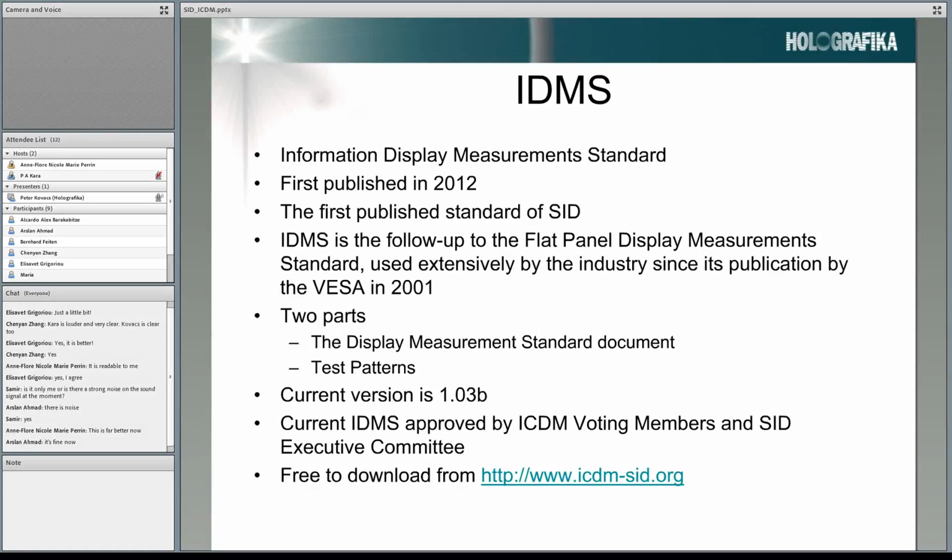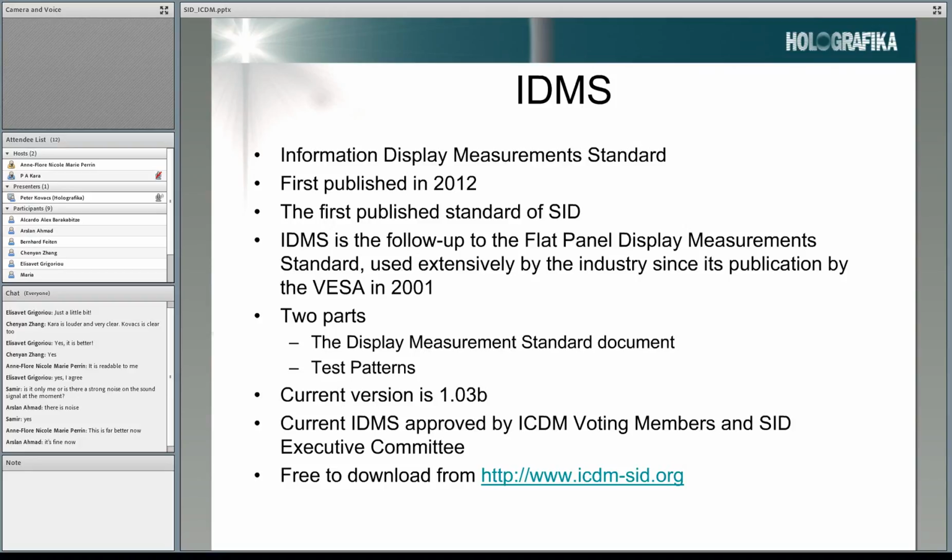The document consists of two parts. So first there is the main document, which is describing the different measurements, and then there is a set of test patterns that one can use to execute the measurements described in the document. The current version is 1.03b, but it only got some minor changes from the original version.